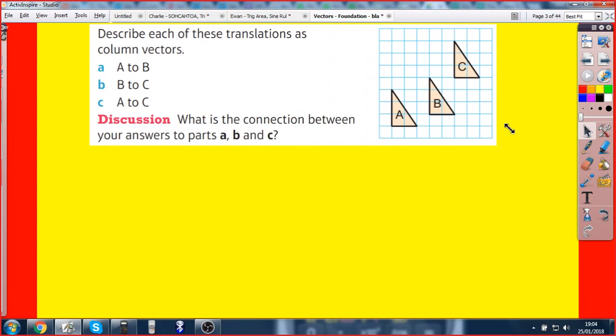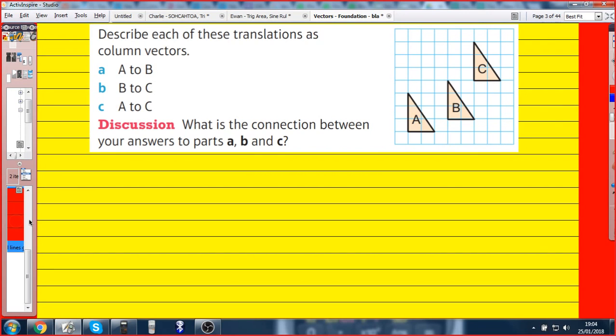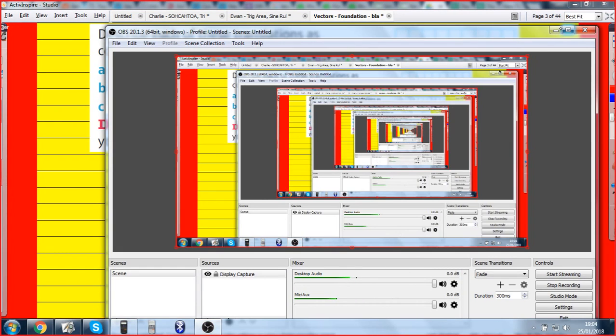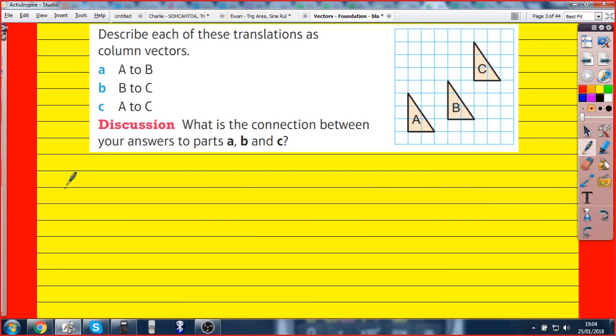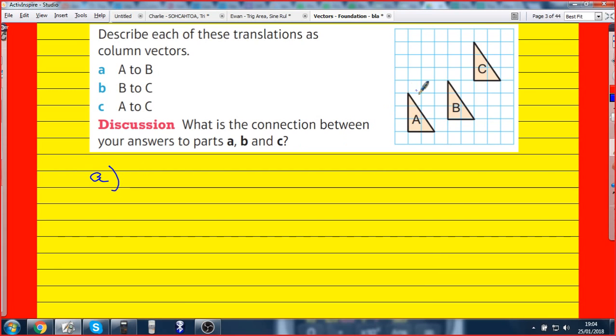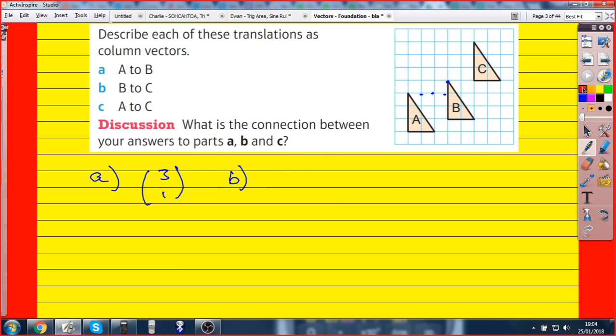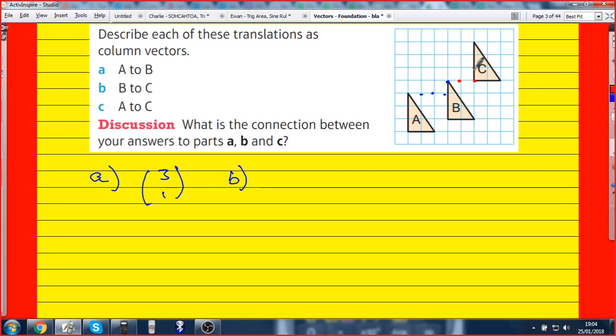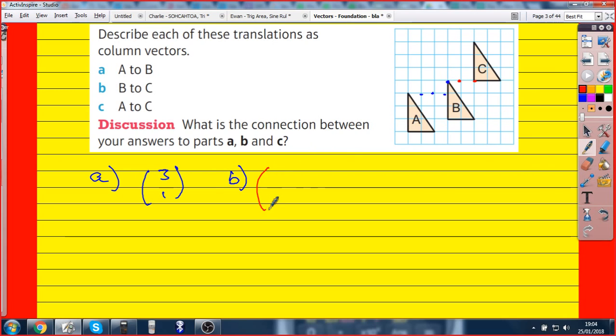Okay, so for these, what's the column vector from A to B? So is it 3, 1? Column vector from B to C? 1, 2. 3.